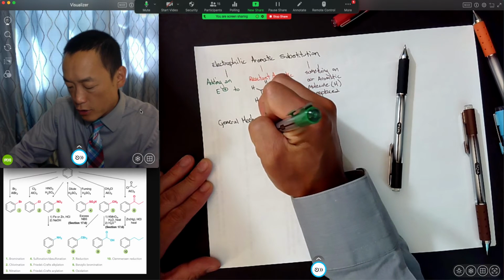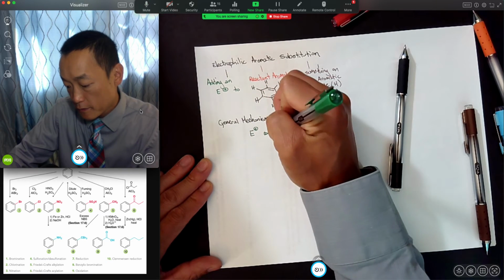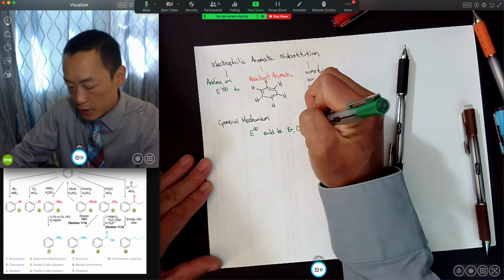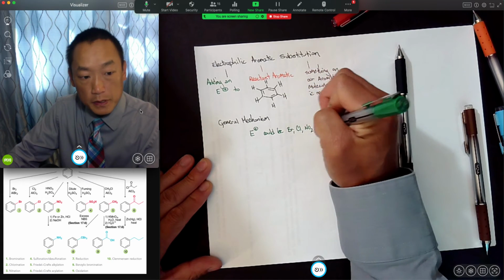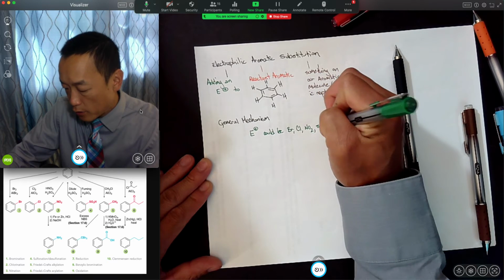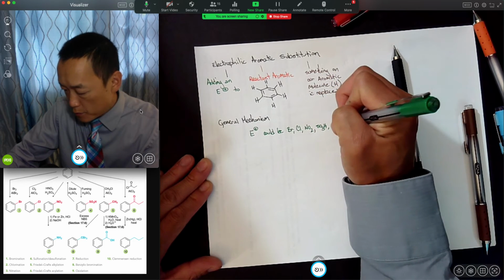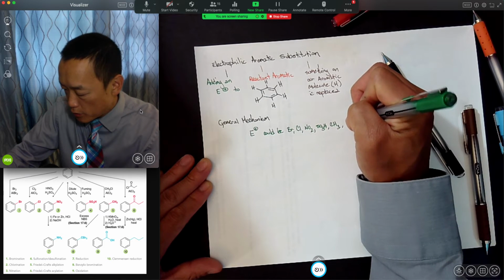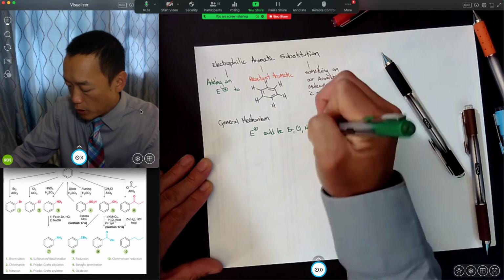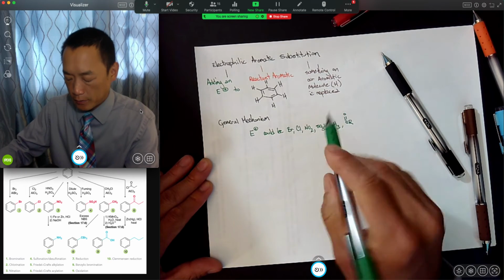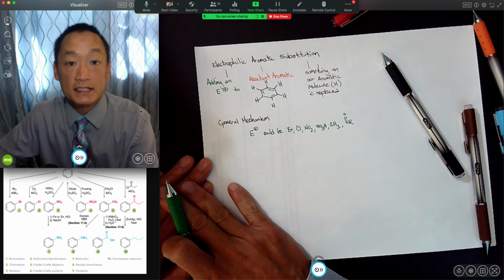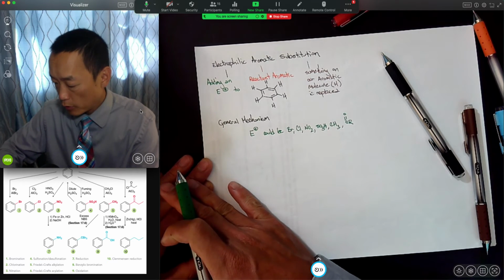And so E could be this bromine, this chlorine, this nitro group, this sulfonyl group, this methyl group, or the acyl group, knowing that they're all connected to this. Any one of these things is going to behave in the exact same manner. Well, that's really cool.